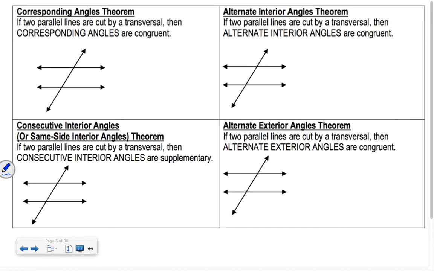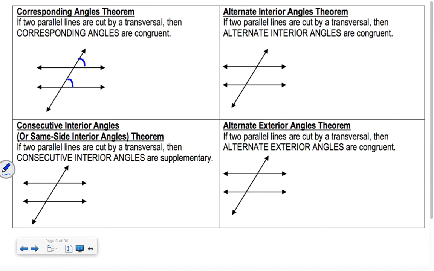All right, so that's what the corresponding angles theorem is, the alternate interior angle theorem is, consecutive interior, and so on. It says if two parallel lines are cut by a transversal, then corresponding angles are congruent. So corresponding angles would be things like these two angles, right? Okay, but there's 4 pairs of those. So I'm just drawing in one pair right now. Okay, alternate interior angles.